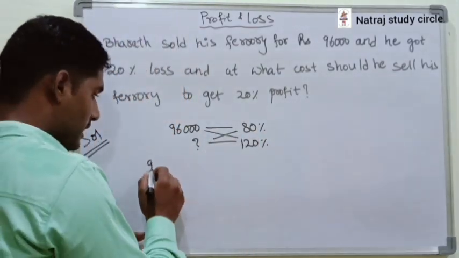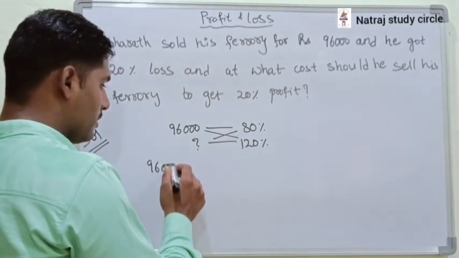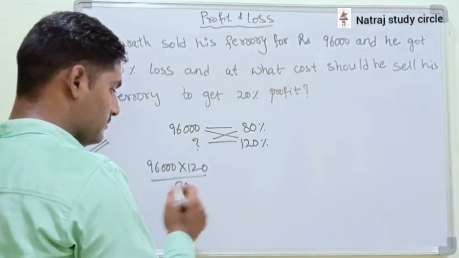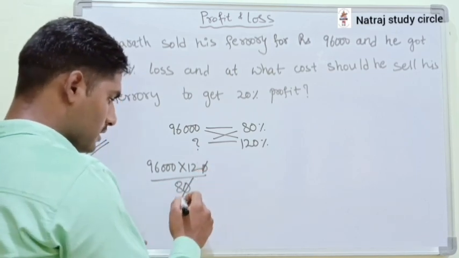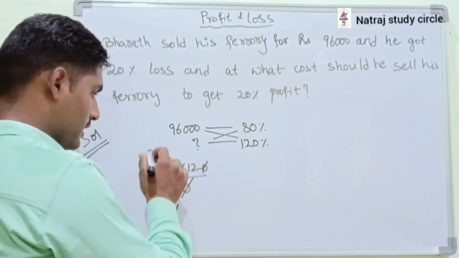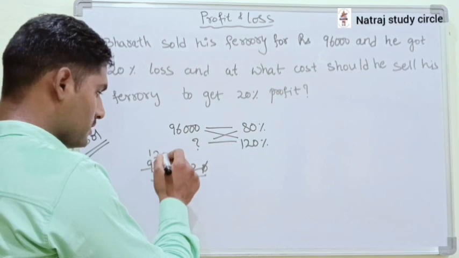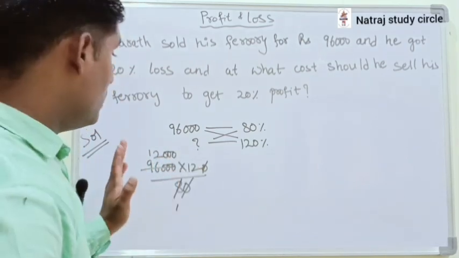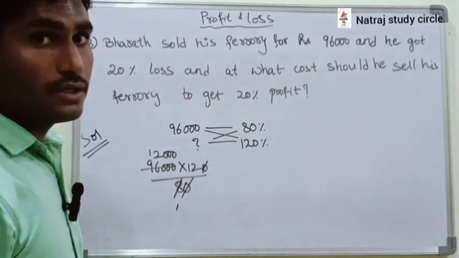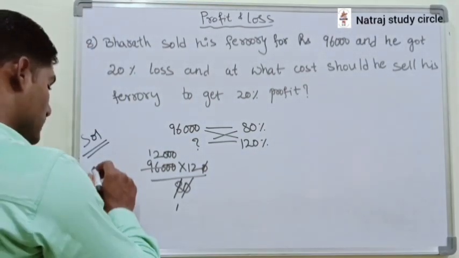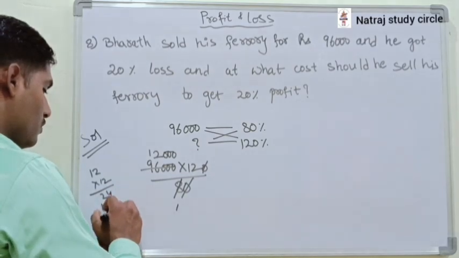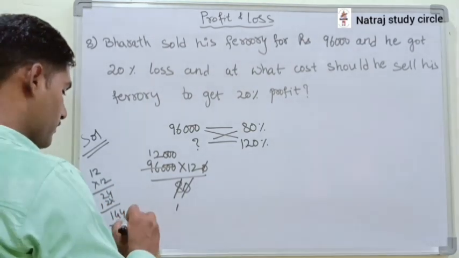Okay, 96000 into 120 divided by 80. 8 ones are 8, 8 twos are 16. So 12 square, 12 into 12 is 144.